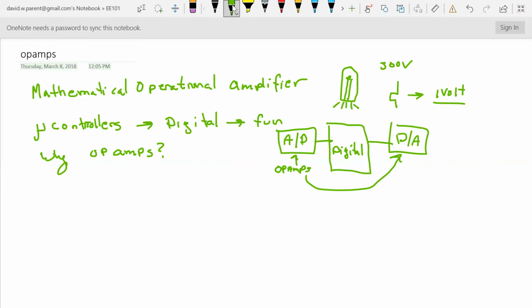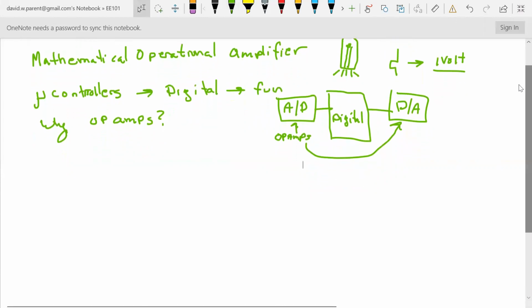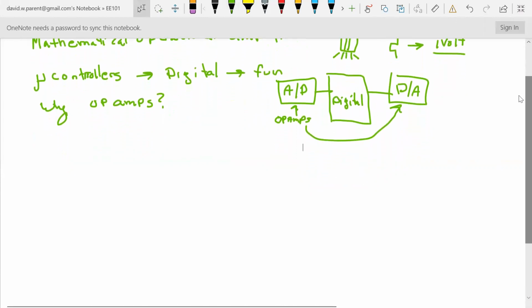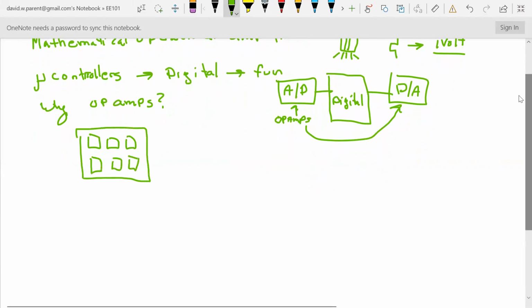These are the op amps that you could use in lab, which you buy, but there are also chips that have many, many op amps, or actually something that behaves like a neuron.